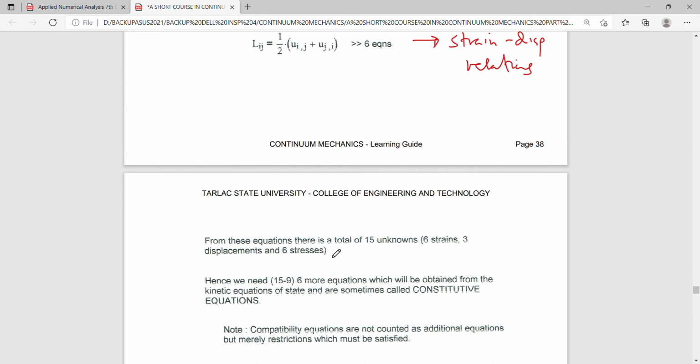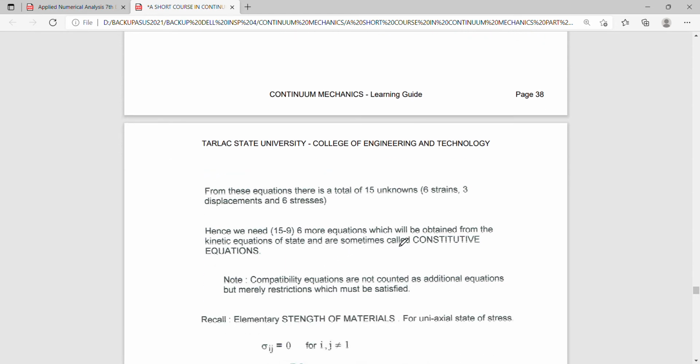And from these equations, there is a total of 15 unknowns, which is 6 strains, 3 displacements, and 6 stresses. So we need 6 more equations. So 15 minus 9, we need 6 more equations in order to solve totally the number of unknowns. Okay? And we get that from the constitutive equations.